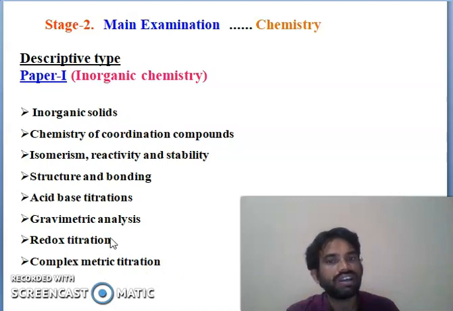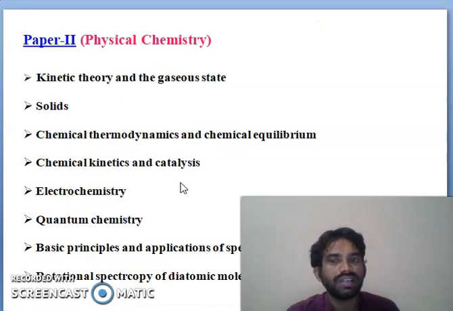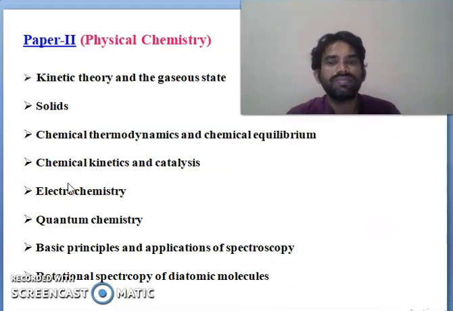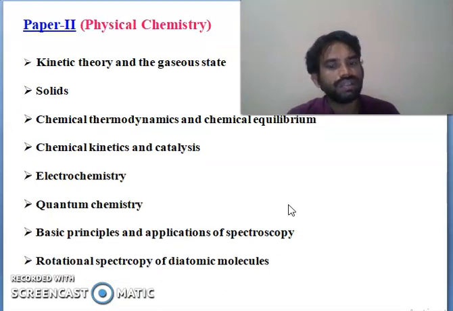These are the stage 2 paper 1 inorganic chemistry syllabus. Paper 2 is physical chemistry: kinetic theory and gaseous states, solids, chemical thermodynamics and chemical equilibrium, chemical kinetics and catalysis, electrochemistry, quantum chemistry, basic principles and applications of spectroscopy, rotational spectroscopy of diatomic molecules.